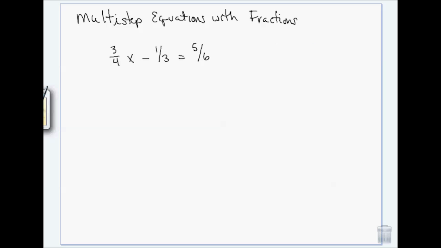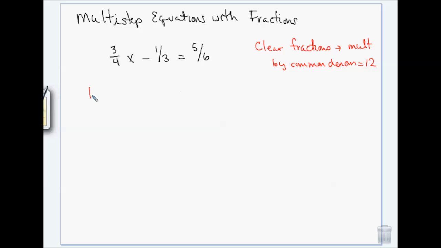Okay. So we'll clear the fractions. So we're going to multiply by the common denominator. I have a 4, a 3, and a 6. So I need a number that 4, 3, and 6 will all go into. Right, it's going to be 12.